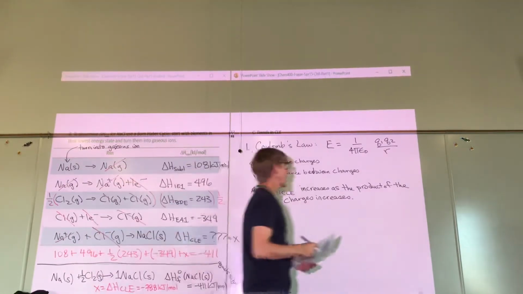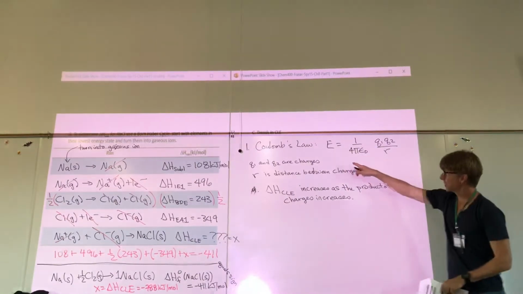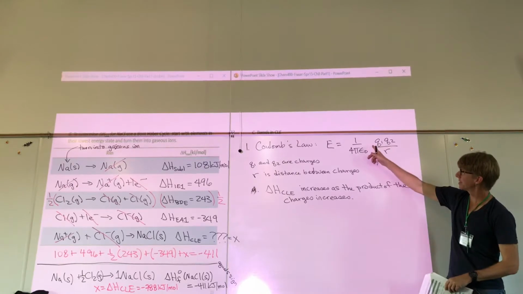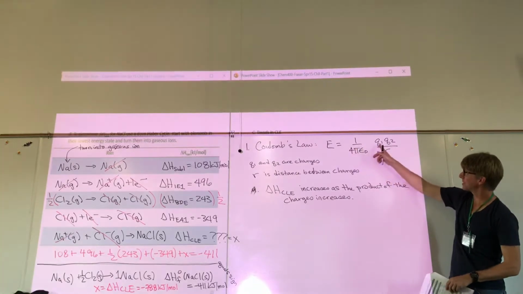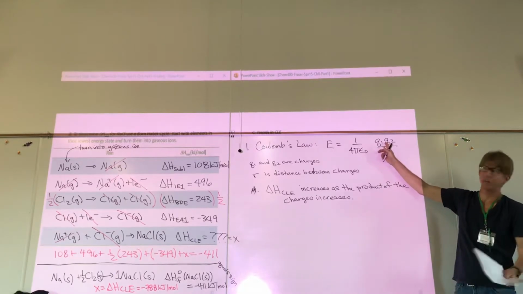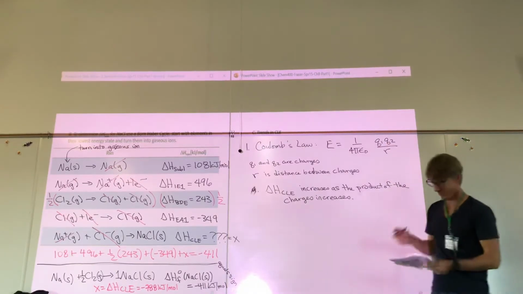And this comes directly from Coulomb's law. It says that the energy of the two charges is equal to these constants times Q1 times Q2. So product just means multiply, right? Q1 times Q2.